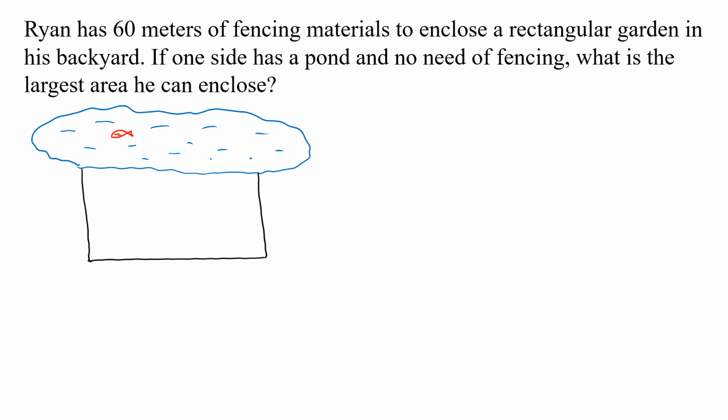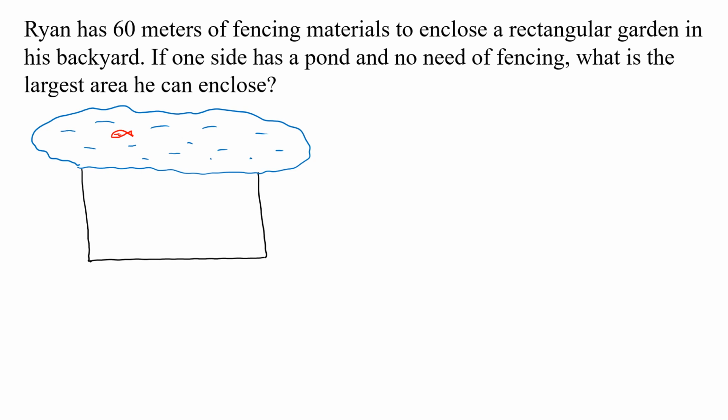Okay, now what we're trying to do is bring mathematics here. After we draw this, you're going to pick variables. You can see there's a width, that's the smaller side, and there's a length, that's the long side. What we normally do is look for what is common. In this case, the width is common.